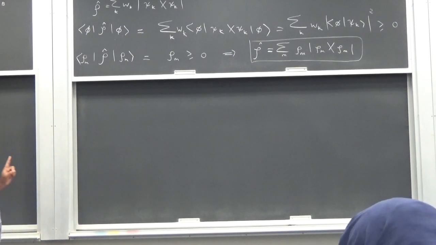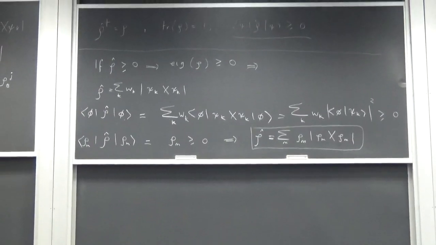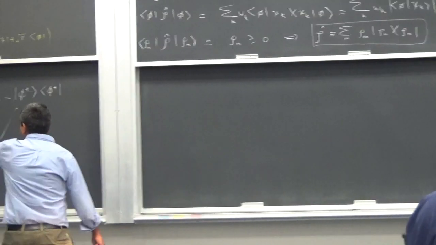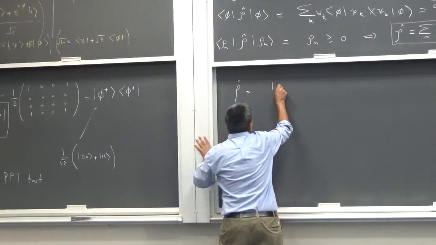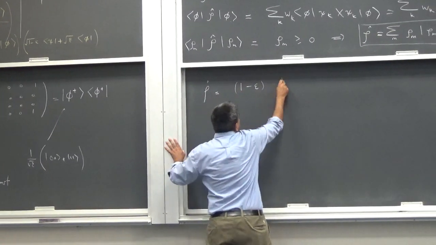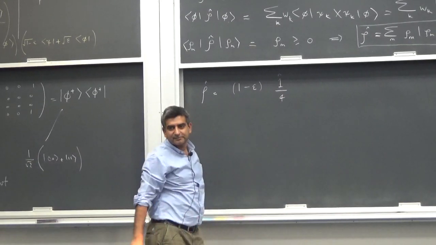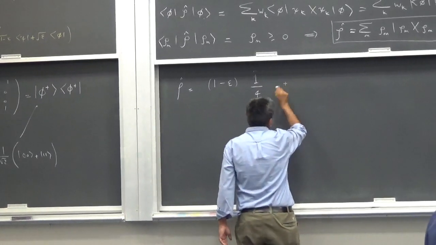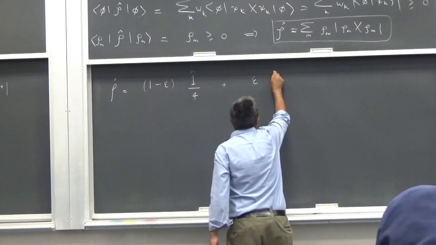Alright, so where were we? What we're trying to find out is this particular problem. Now I have this density operator rho equals (1 minus epsilon) times identity over 4, which on its own is mixed, plus epsilon times the Bell state.